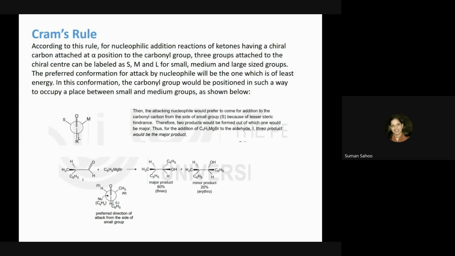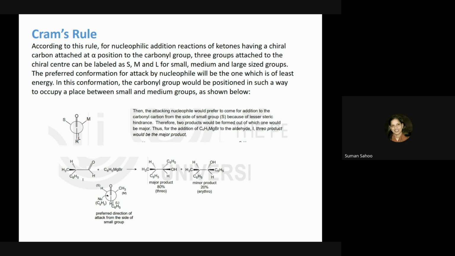This rule, Cram's, Prelog and Felkin's rule, is used for the nucleophilic addition reactions of ketones only. In that case, it is viewed in a Newman projection formula.